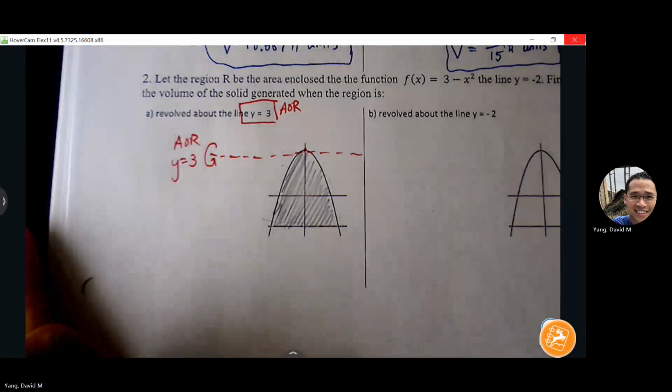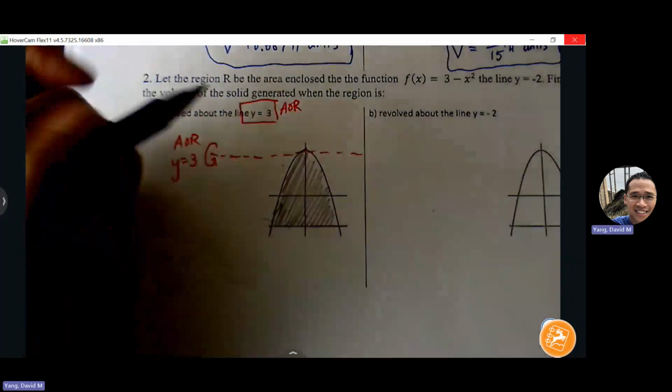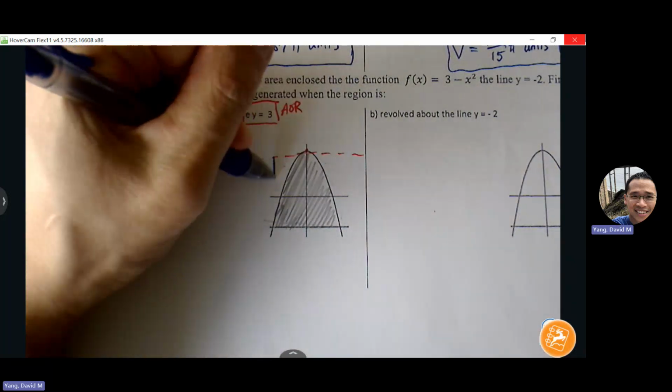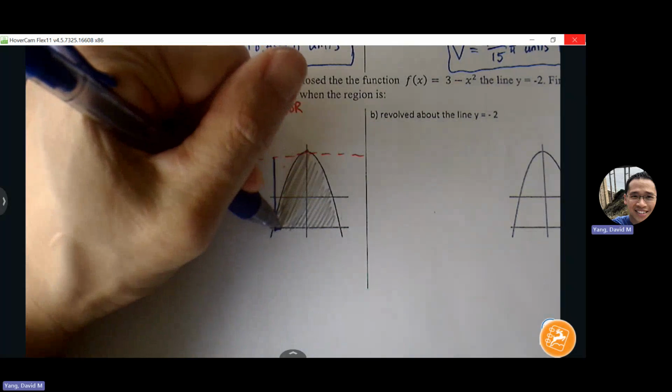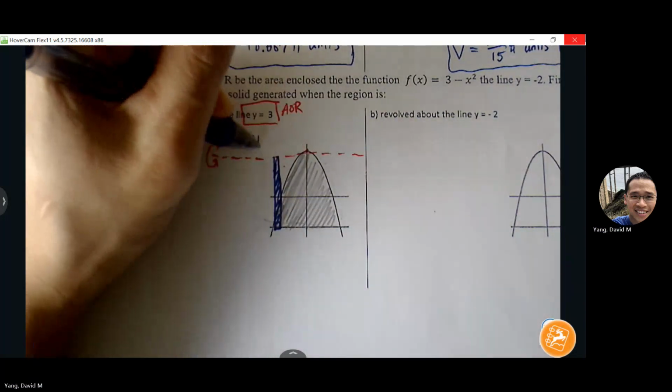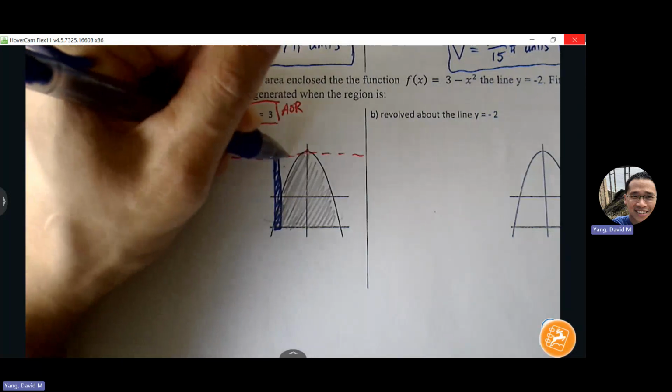Okay. Extend your two radii from the axis to the two boundaries. Big radius will extend all the way down there. Little radius.